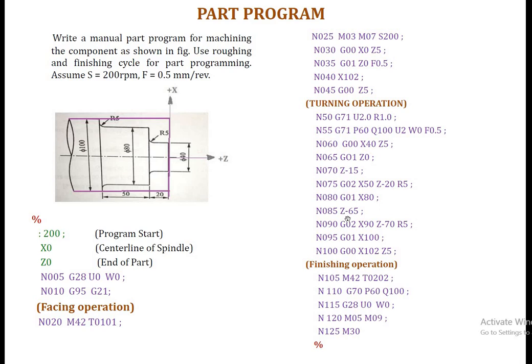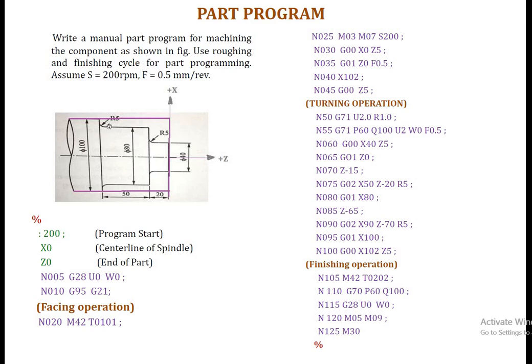Next Z minus 50. Again G01 is used, which we have already mentioned is the linear movement. It will move linearly up to this point, that is Z minus 65.